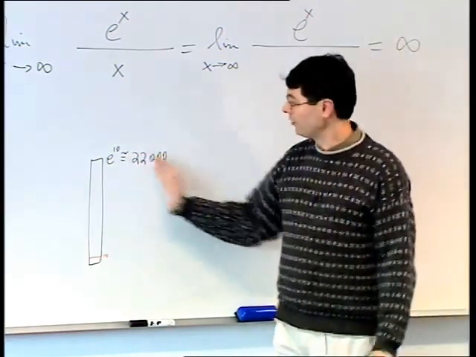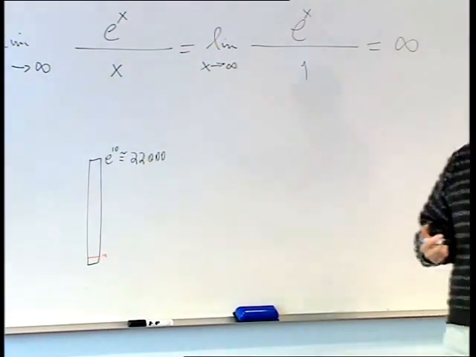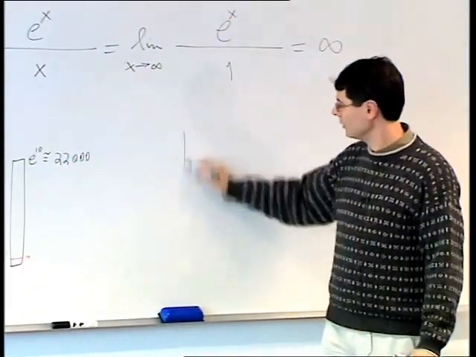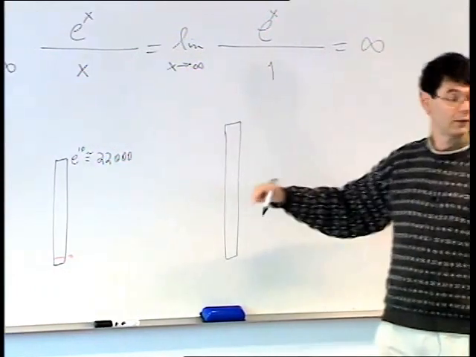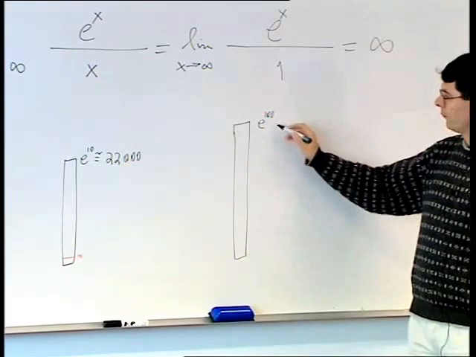Now pick a larger value for x. Pick 100. Bring out the calculator. How about e to the 100? E to the 100 is going to be more than e to the 10, of course. Huge.